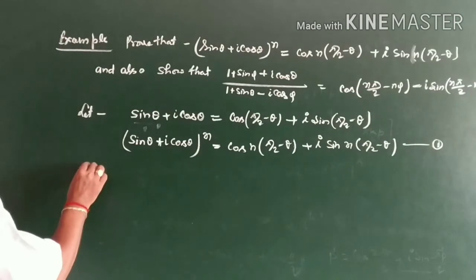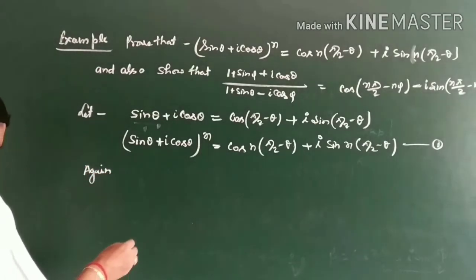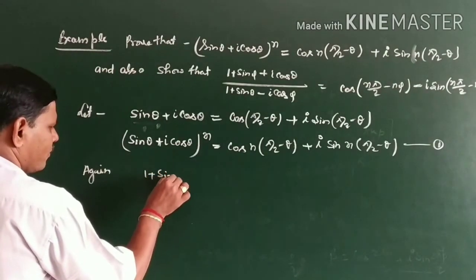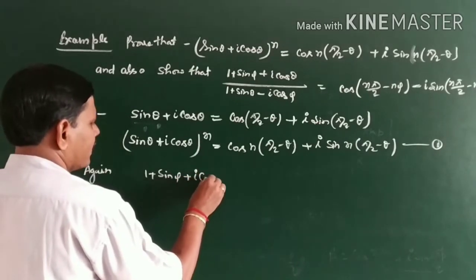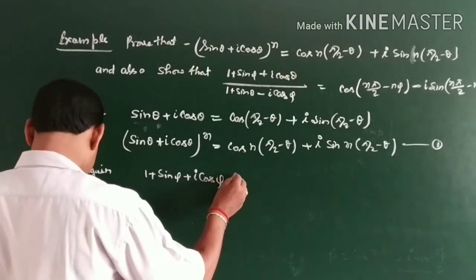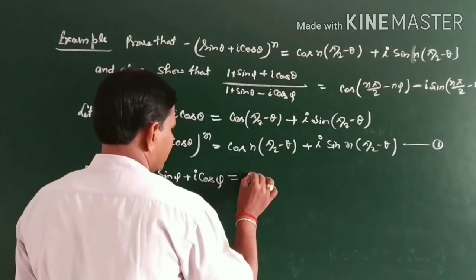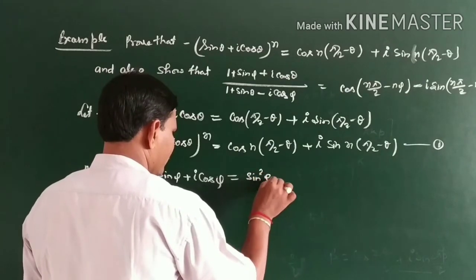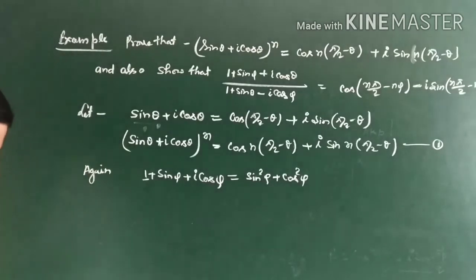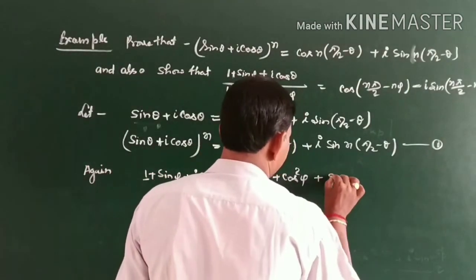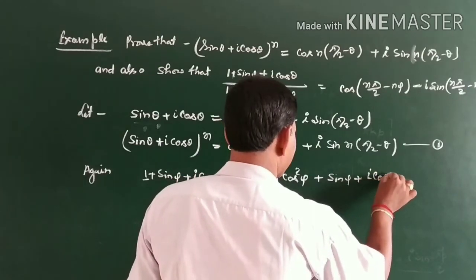Again, 1 plus sine phi plus I cos phi: 1 can be written as sine square phi plus cos square phi, plus sine phi plus I cos phi.